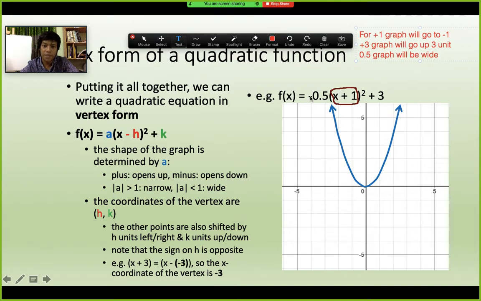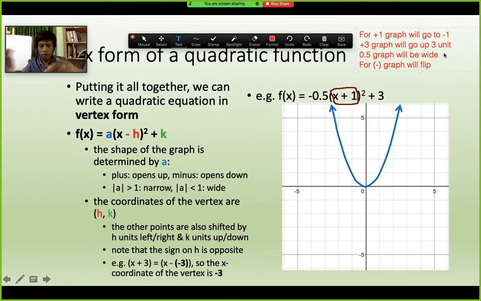Now there is a minus before 0.5. For this minus, this minus is very sensitive, very important. For minus, the graph will flip.